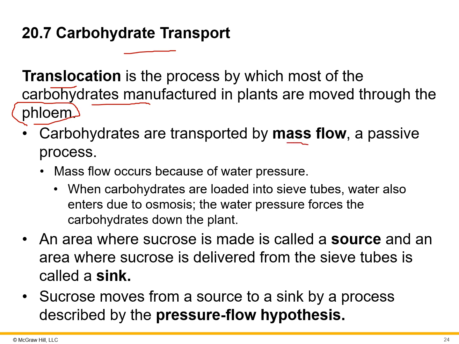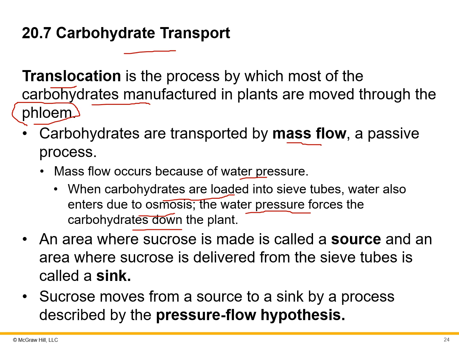It uses a process called mass flow, which is passive, and it occurs due to water pressure. Now, when the carbohydrates are loaded into those sieve tubes that make up the phloem, water also comes in during osmosis. Again, water essentially goes with solutes like glucose or ions. So that water pressure then forces the carbohydrate down the plant.